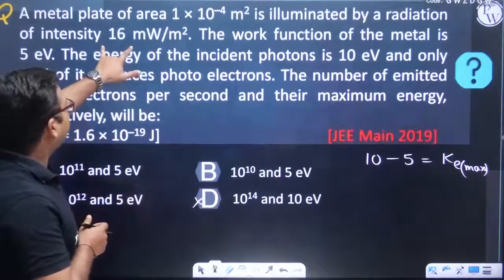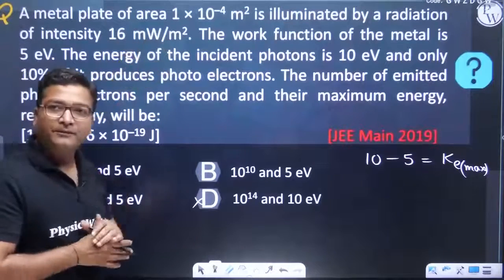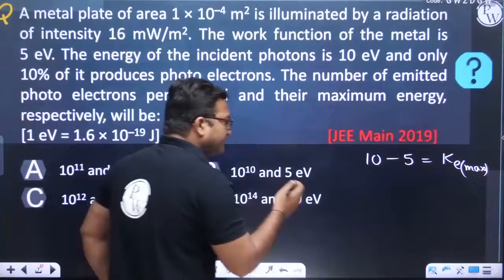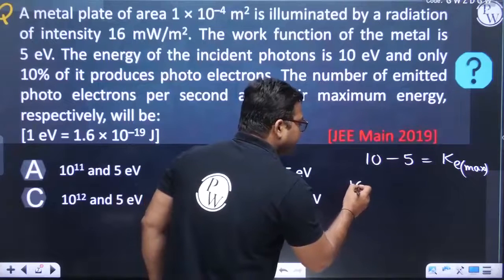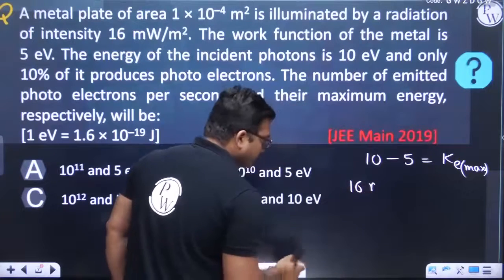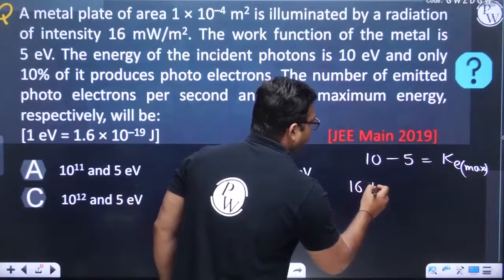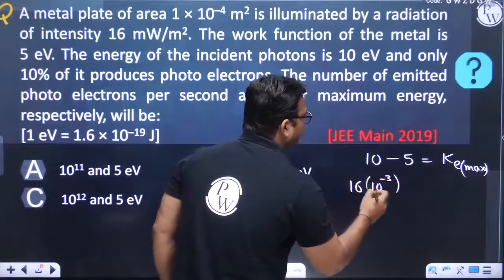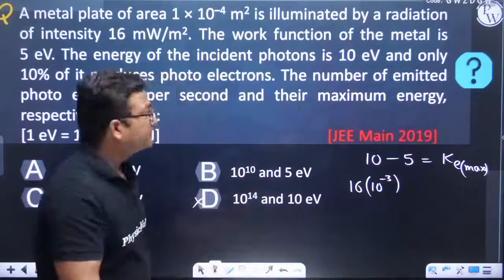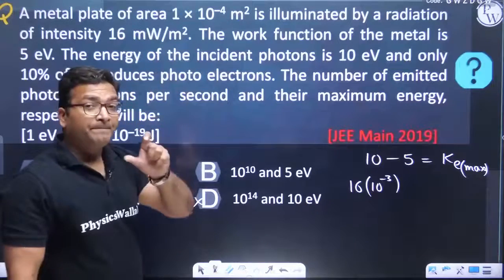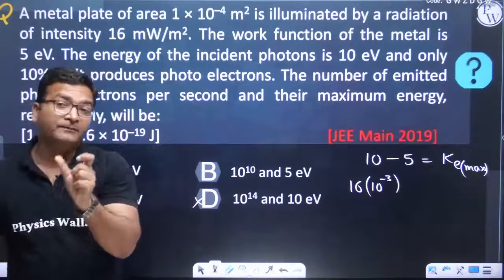So let us proceed. We have intensity as 16 milliwatt per meter square. By milli we can write 10 to the power minus 3, so it becomes 16 times 10 to the power minus 3 watt, and it is the power falling per unit area.